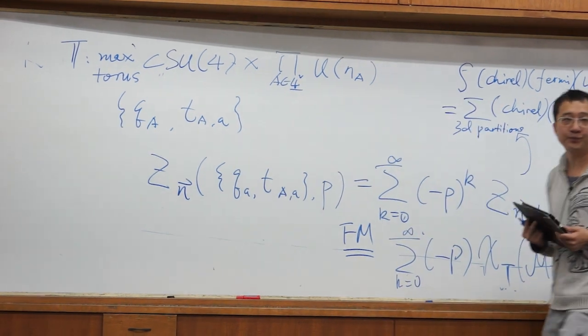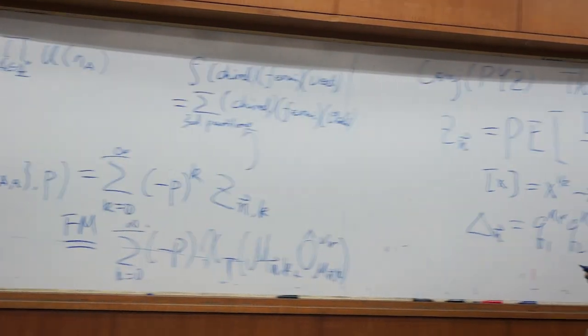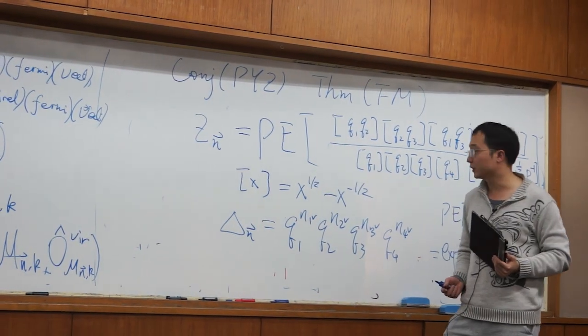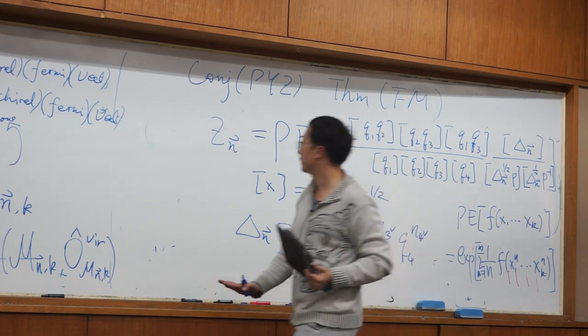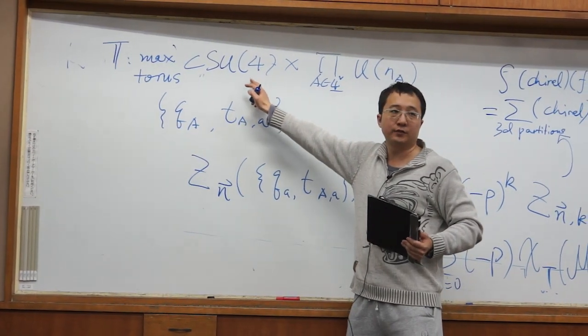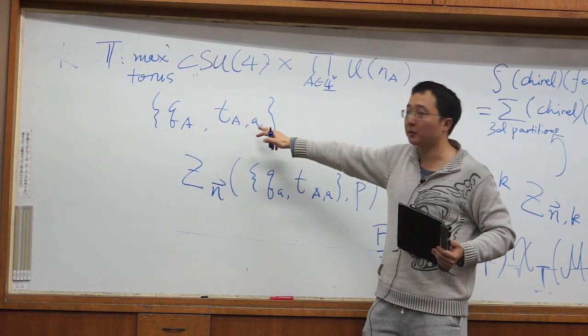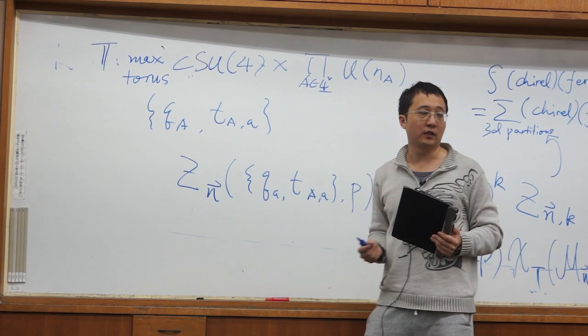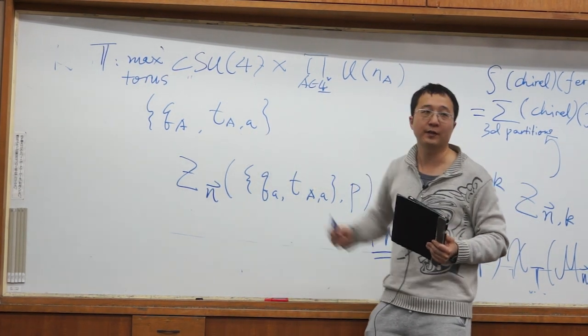But actually, if you sum over all the instantons, the result only depends on the equivariant parameters for the SU(4), and not on those from the framing.